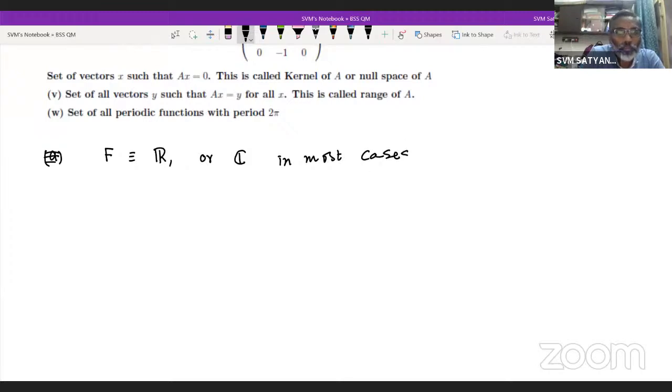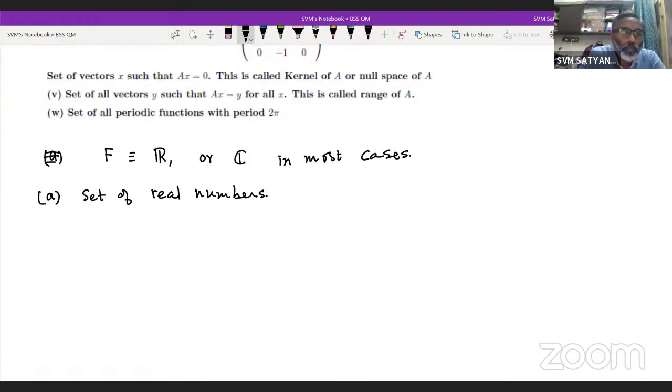There may be some exceptions, but at least in all these examples that we have here, it is either real numbers or complex numbers. Now let's look at the set of real numbers.